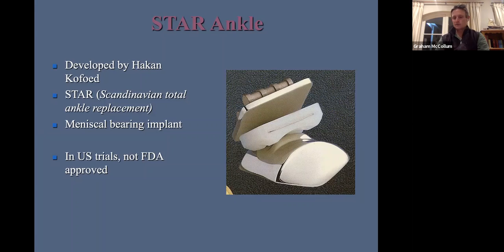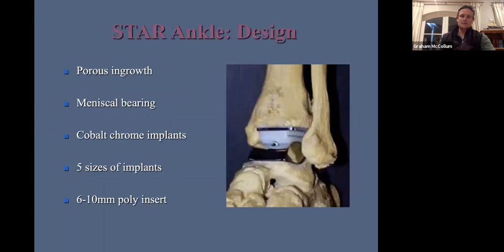So certainly not infallible, not anywhere near the hip and the knee, but I think now with increased research into the polyethylene and making it highly cross-linked, using vitamin E and all the technology that's been involved in hips and the knees, the ankles are slowly starting to catch up. The problem is we're not always dealing with simple, straightforward, uniform ankle arthritis.